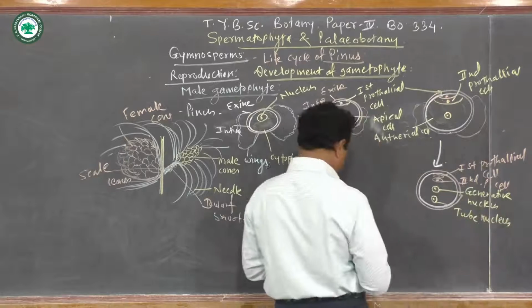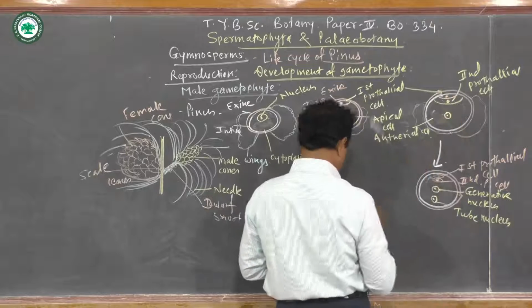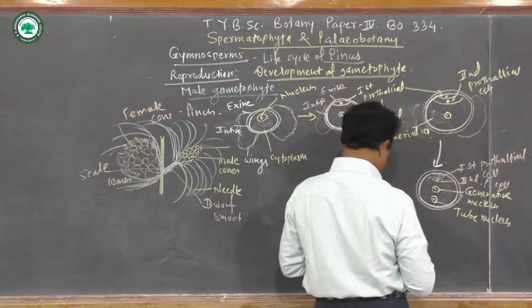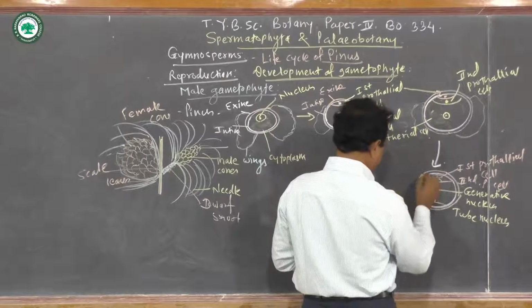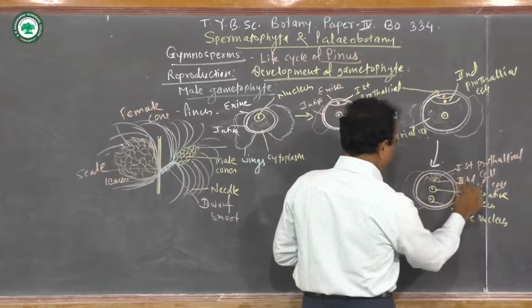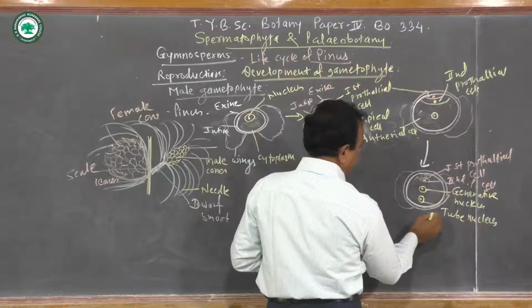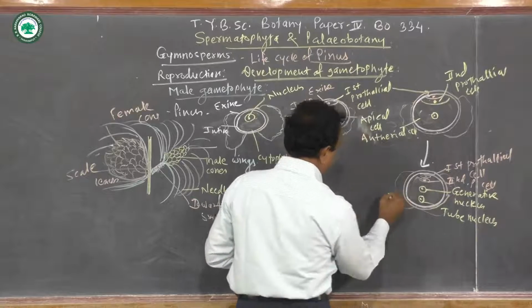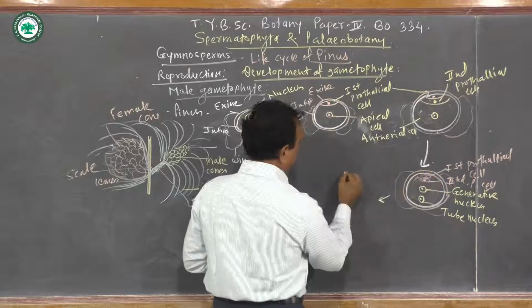All these nuclei are present in the cytoplasm, and here there is the presence of these wings. Later on, this generative nucleus again divides, as I told you here.